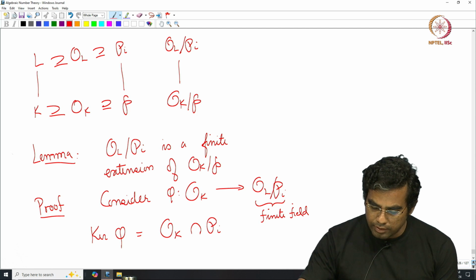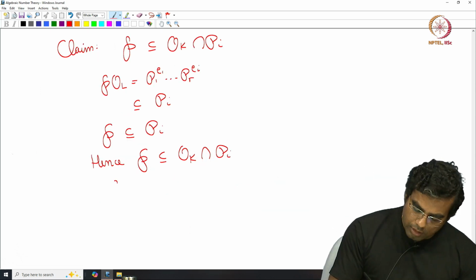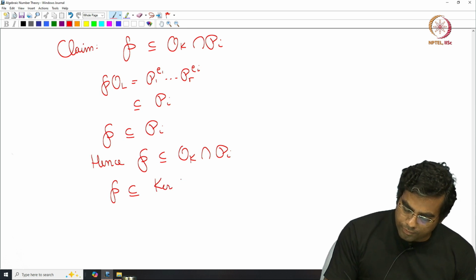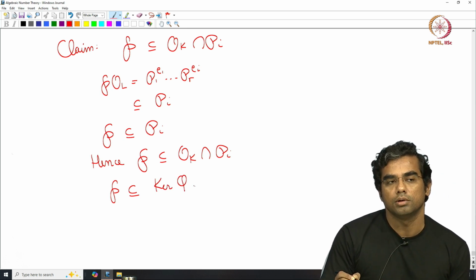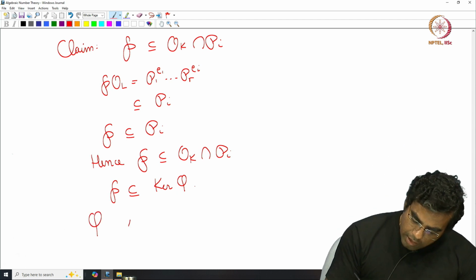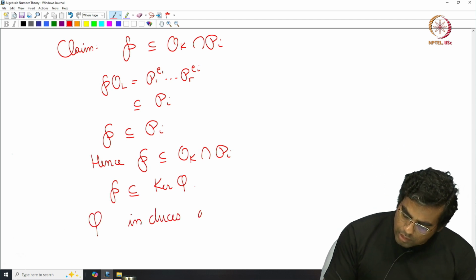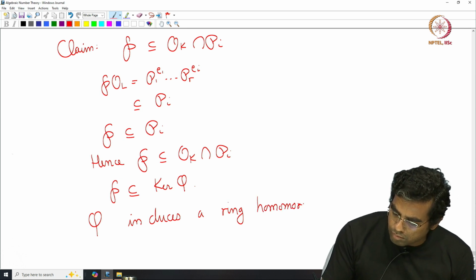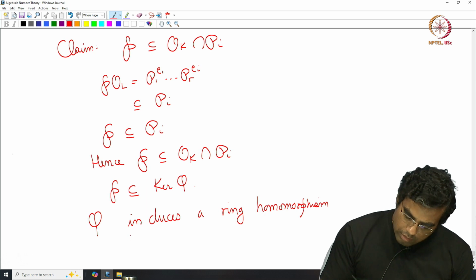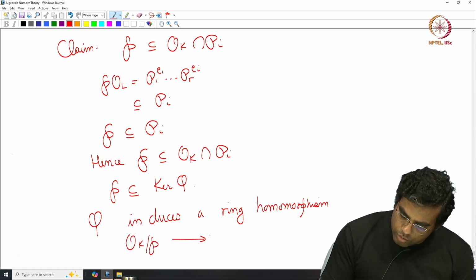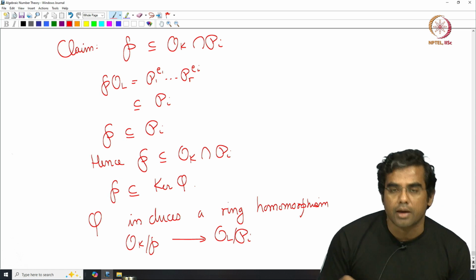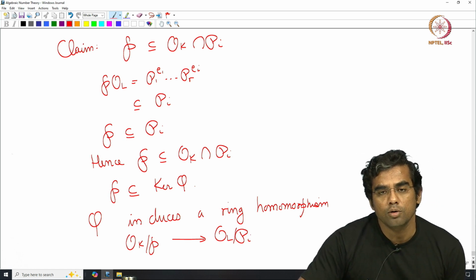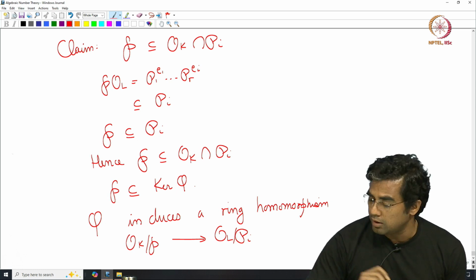And so, what we have is P is contained in the kernel of phi. Okay. So, phi induces a ring homomorphism from O_K mod P to O_L mod P_i, but these are both fields, right, and if you have a ring homomorphism from one field to another field, it better be injective.